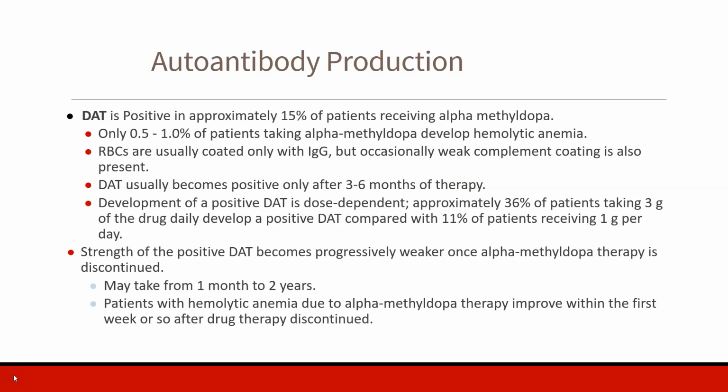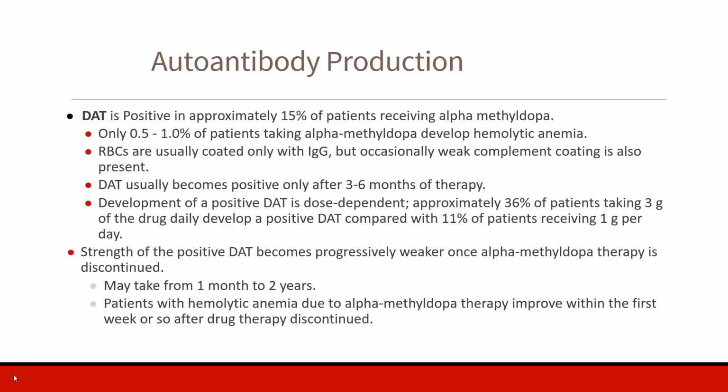Approximately 36% of patients taking 3 grams of the drug daily develop a positive DAT compared with 11% of patients receiving 1 gram per day. The strength of the positive DAT becomes progressively weaker once alpha-methyldopa therapy is discontinued, but this may take from 1 month to 2 years.